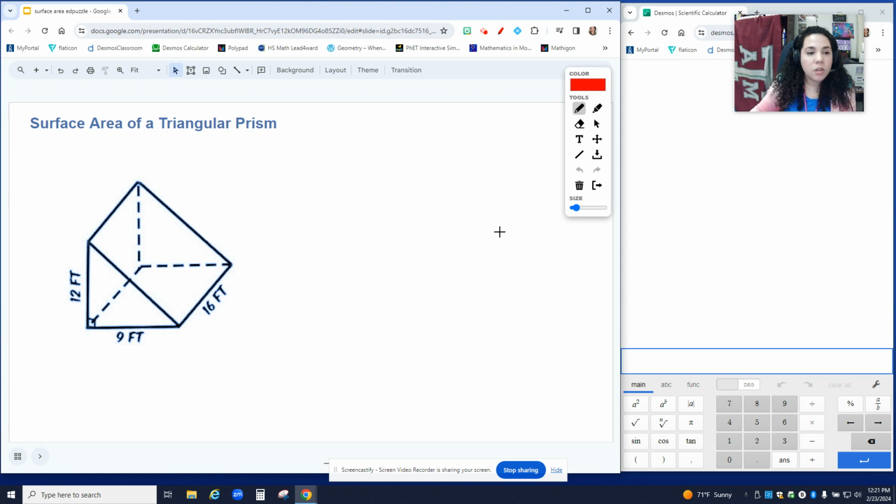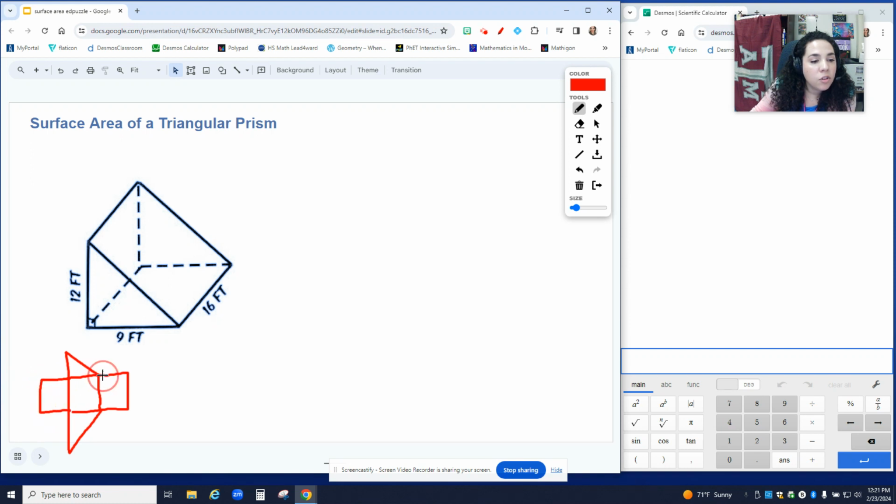So if we were to visualize what this would look like, you could imagine that we have these two right triangles, and then you have the rectangles that are coming off of the side. So I'm just going to attempt to sketch this so you can see what that would look like. This is called a net if you were to flatten it out.